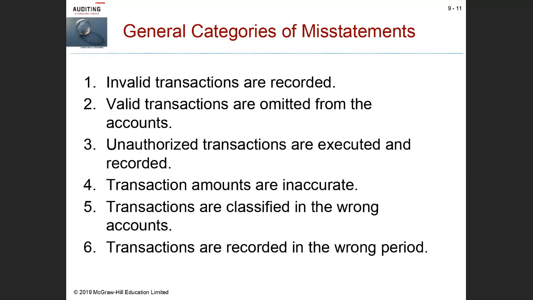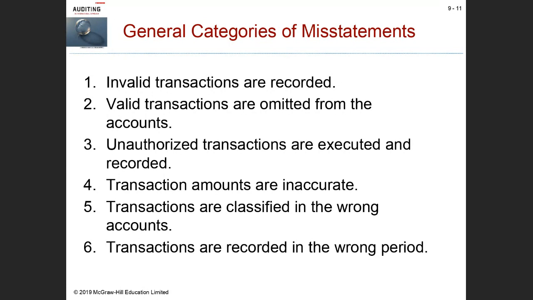Secondly, there's a risk that valid transactions would be omitted from the general ledger accounts. So a good system of internal control will ensure that all valid transactions are recorded, that they're not omitted from the general ledger accounts. With respect to invalid transactions, the system should prevent them from being recorded.